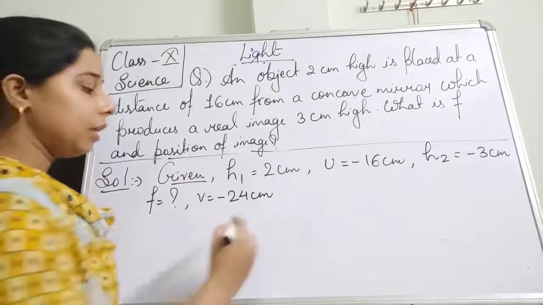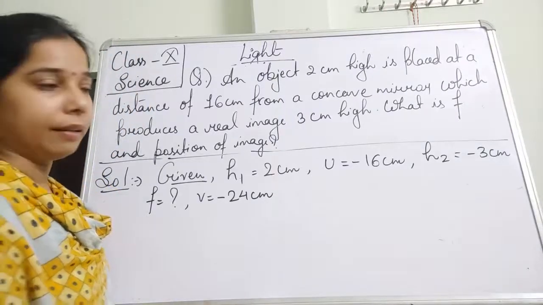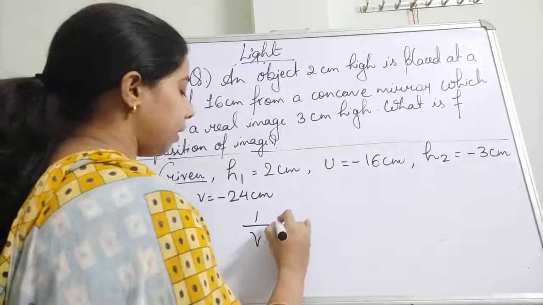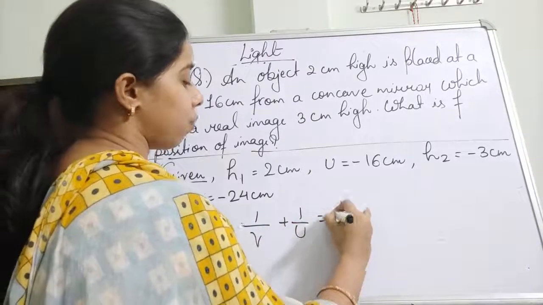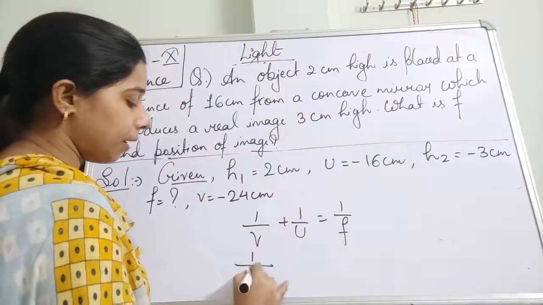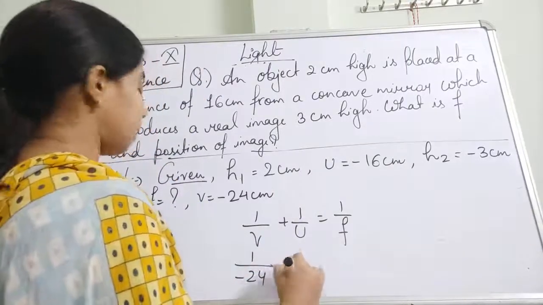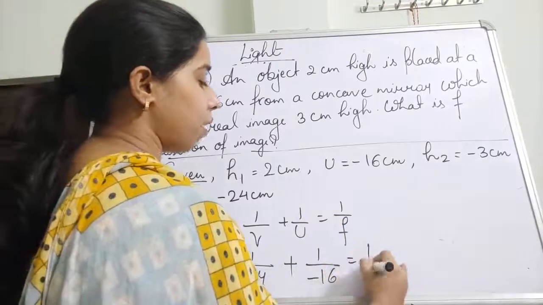Now it is very easy. Now we have to calculate the focal length. So 1 by v plus 1 by u is equal to 1 by f. 1 by minus 24 plus 1 by minus 16 is equal to 1 by f.